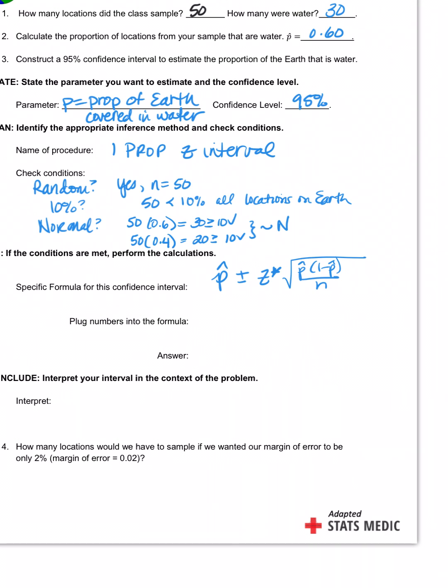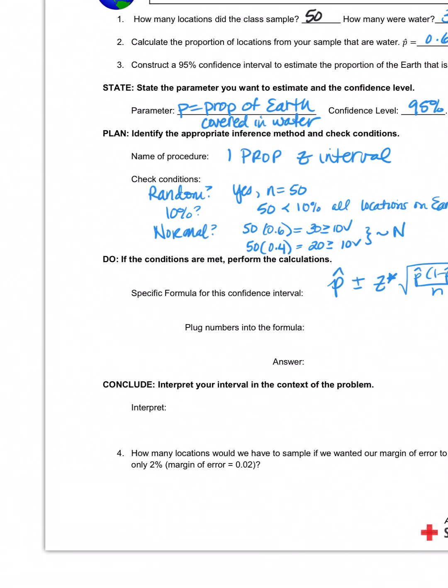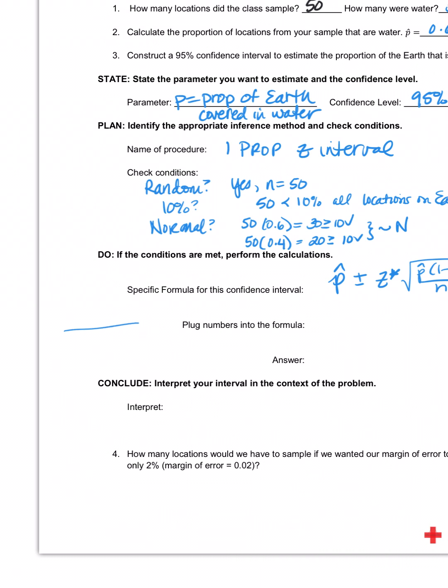No. How do we find it? Remember? All right, let's do a little sidebar. Let's figure it out. 95% confident means 95 goes in the center. And there's 2.5 on each side. So it's 0.025, right? When you make it a decimal. Yes, 2.5% on each tail. So when you put it in your calculator, be careful.